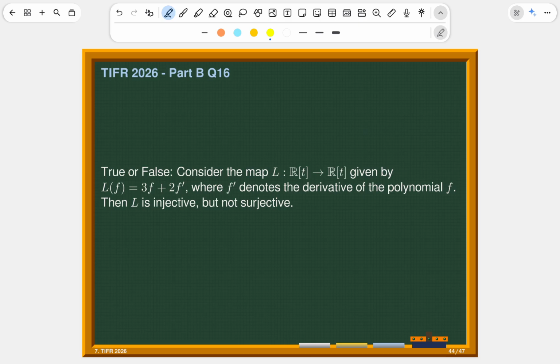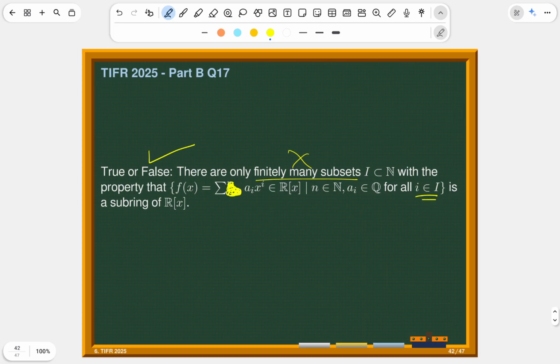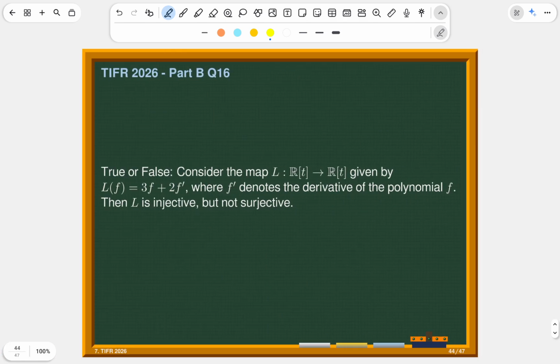Moreover, most of the statements which come out to be false are framed in the form of "there are only this many", "there exists only this much", "we have only this many things". These sorts of constructions usually come out to be false, because you already have a bunch of examples which will contradict them, and therefore the question is framed in such a way.